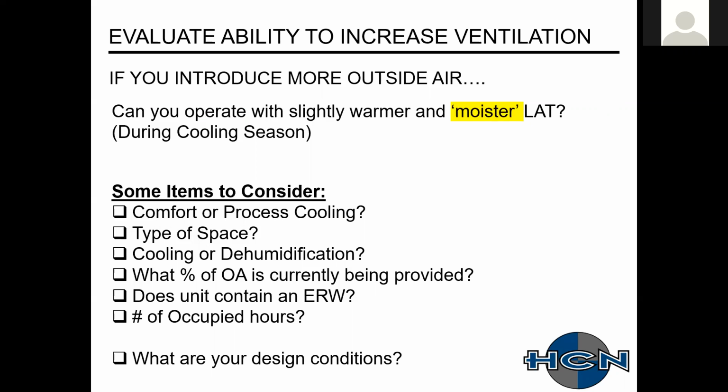And then what percentage of outside air currently is provided? If you're going from 20 to 30%, it's much different than going from 70 to 80. And then does the unit contain an energy recovery wheel? The use of an energy recovery wheel, as everybody is aware, helps mitigate the energy consumption, and it helps minimize the temperature differences. And then also the number of occupied hours. And the last thing is, what are the design conditions that you're using to calculate your load?